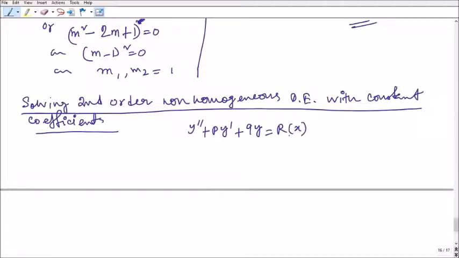So this is the non-homogeneous differential equation with constant coefficient.